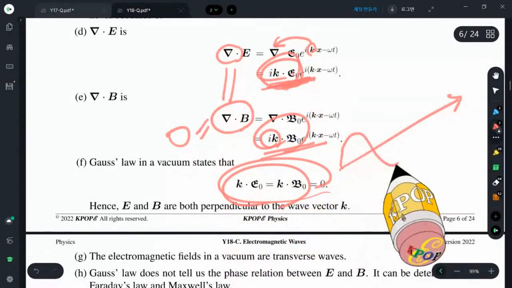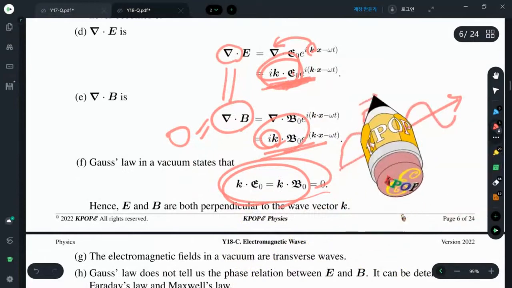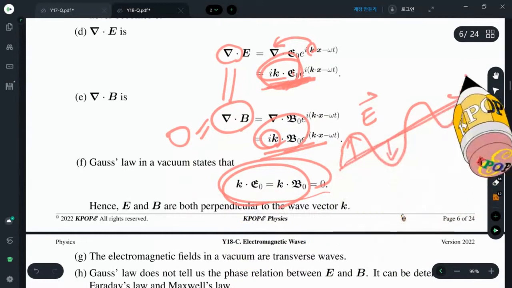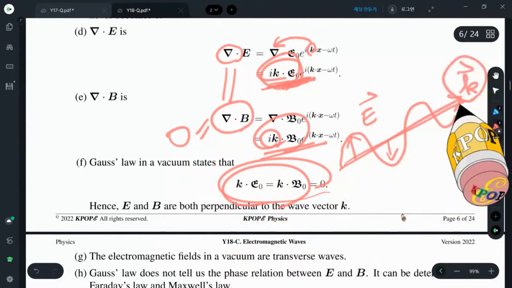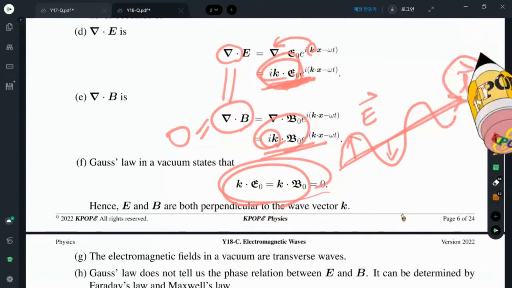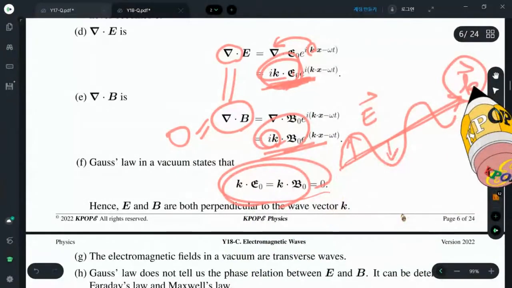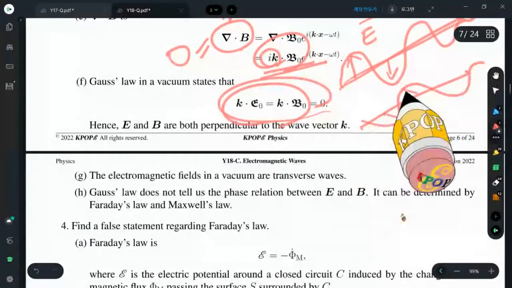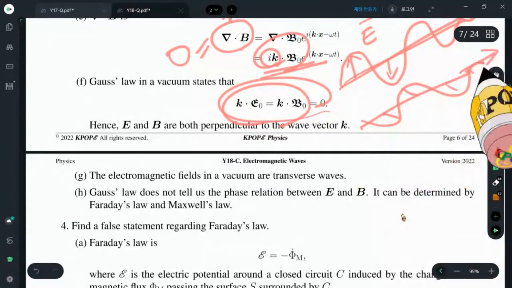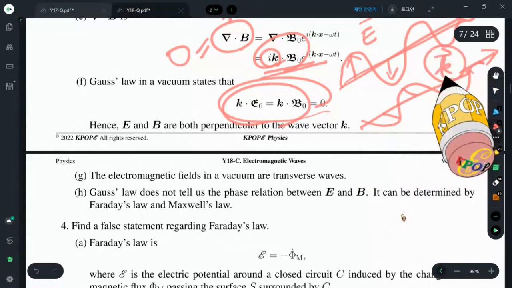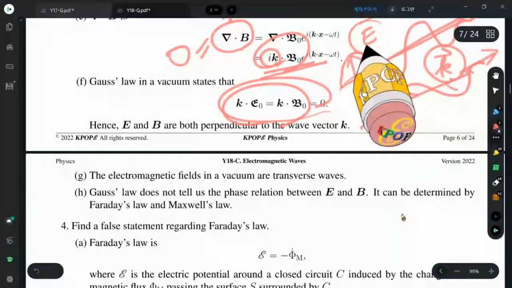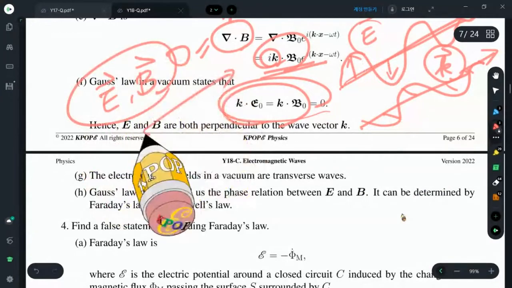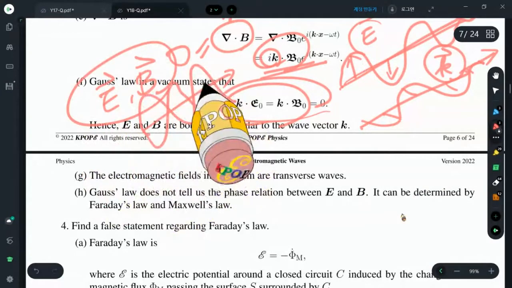The propagating electric field is perpendicular to the wave vector, which is parallel to the direction of propagation. The magnetic field is also perpendicular to the direction of propagation. Very, very important. That means the electromagnetic field is a transverse wave.